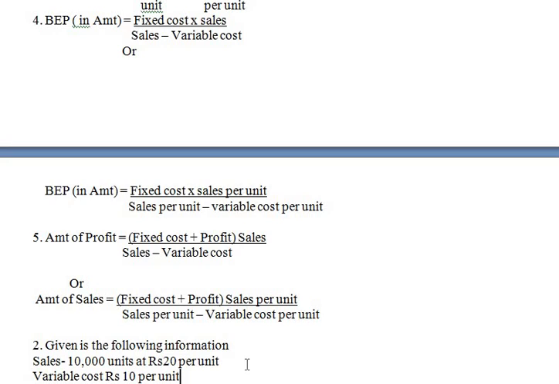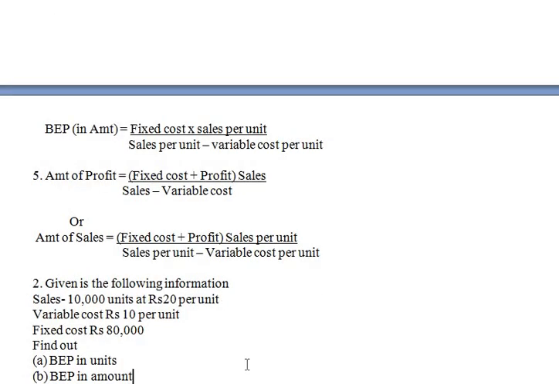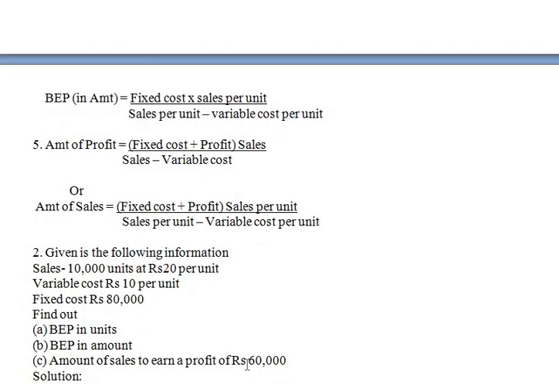Next is amount of profit: fixed cost plus profit into sales divided by sales minus variable cost, or fixed cost plus profit into sales per unit divided by sales per unit minus variable cost per unit. Now the following information is given: sales. On this we are going to solve one simple problem.